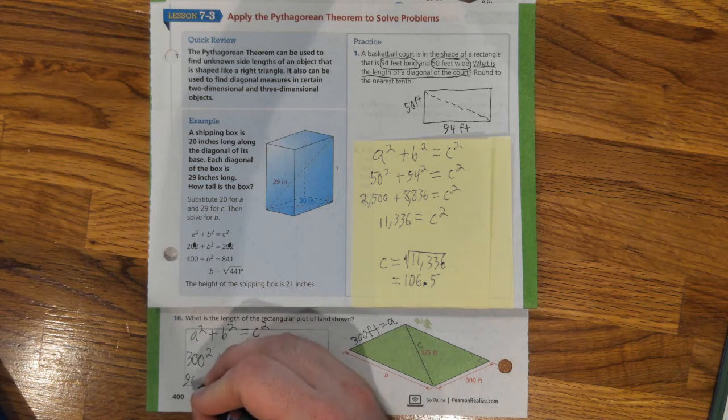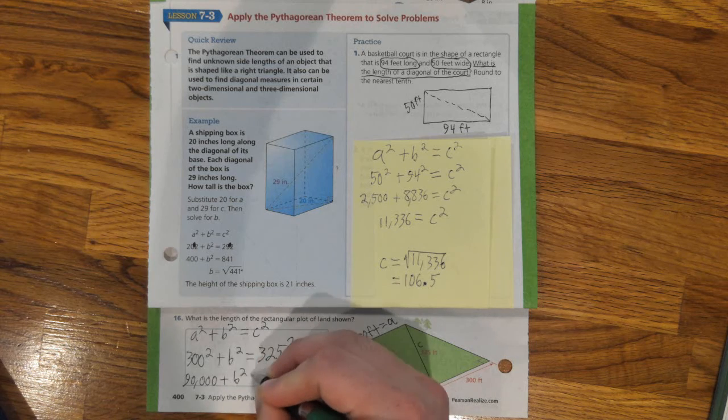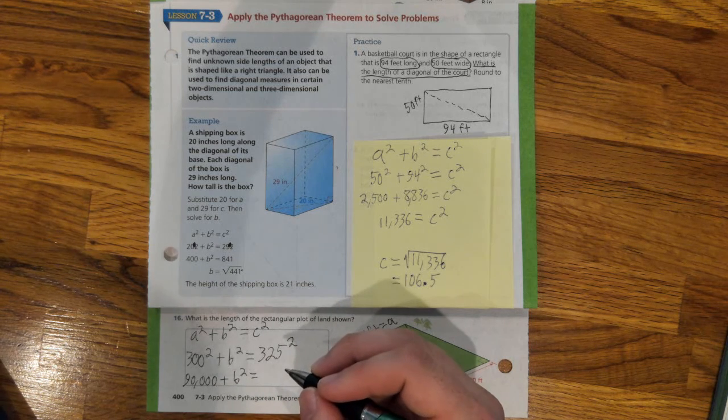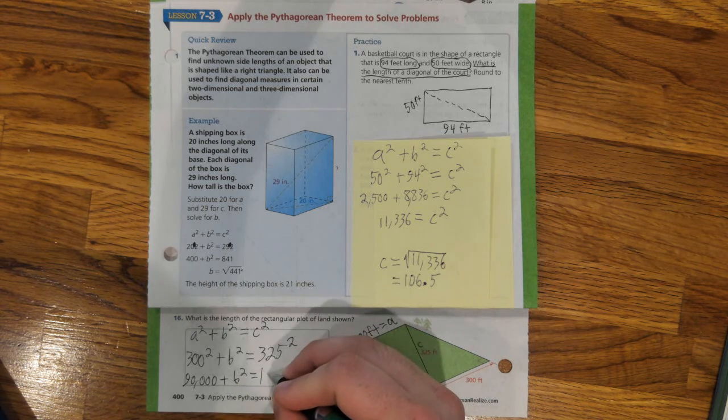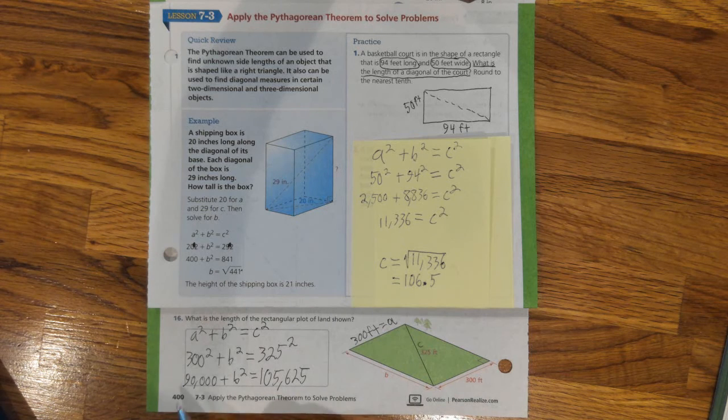So this is going to be 90,000. This is going to be 105,625. Now, in order to find B, you're going to want to subtract 90,000 from both sides.